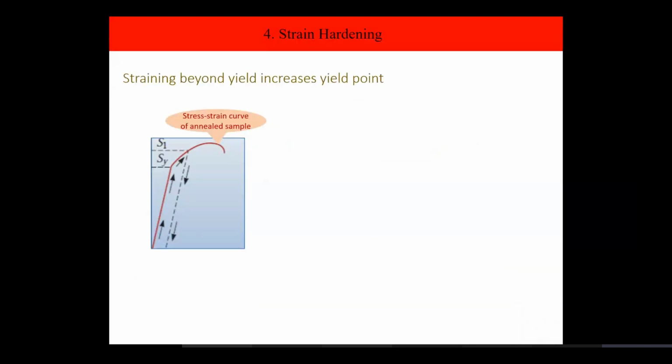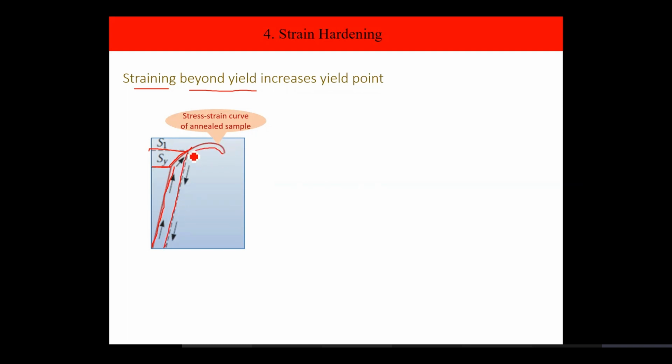So let's say you have a tensile sample and you strain the sample beyond the yield stress, in a way that this sample is being stretched under tensile load until this yield point is reached, and you keep on stretching beyond the yield point up till this point S1, and then you release the load. You don't completely take it to the fracture point.